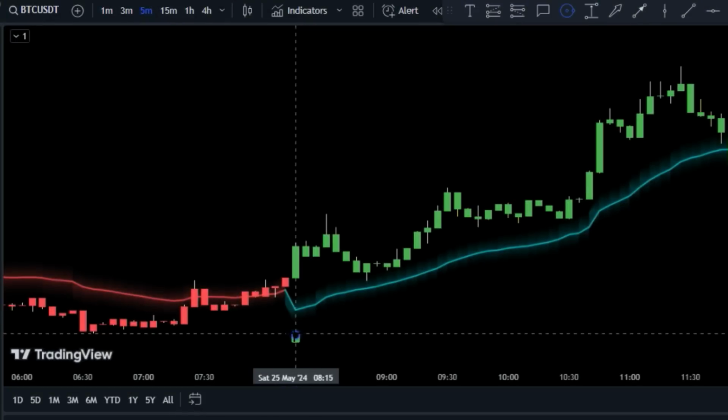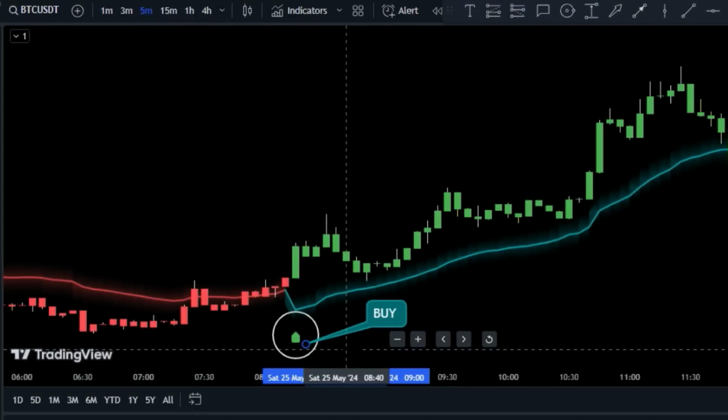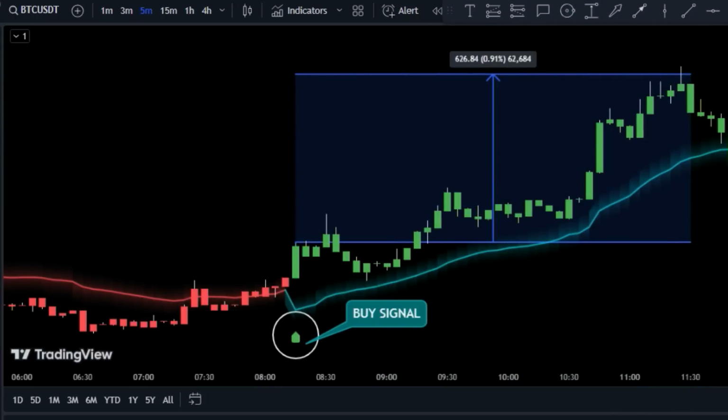The RMI indicator is a handy tool that helps you figure out when to buy or sell in the market. It's pretty accurate and usually points you in the direction of the current trend.